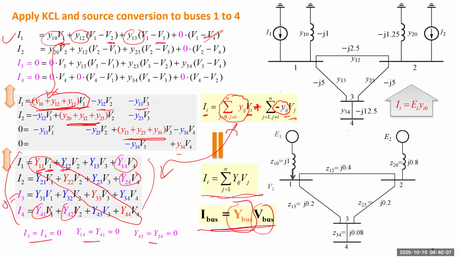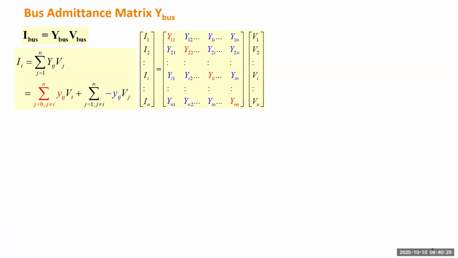Off-diagonal elements are pretty simple. For instance, capital Y13 is equal to negative lowercase y13. It's just the opposite value of the actual admittance. So we can keep this equation as the definition of those capital Y's.